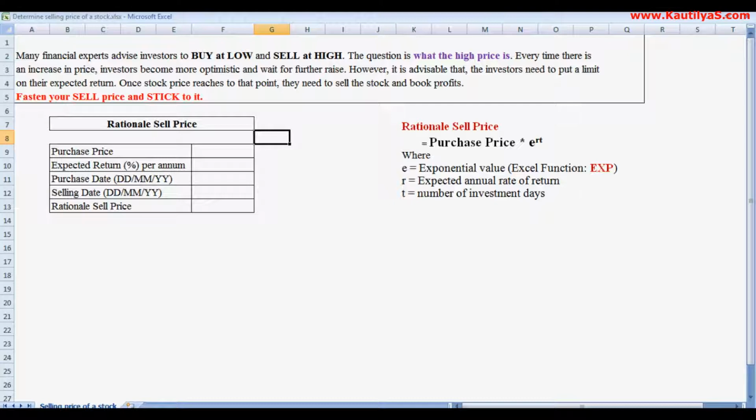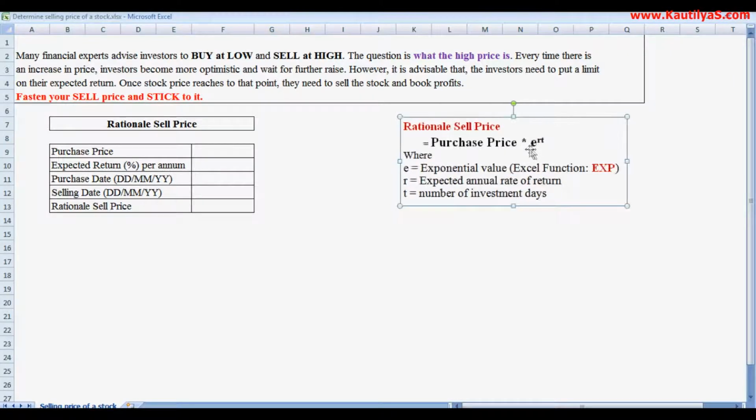For this, we use an equation: purchase price times e to the power of RT, which is the continuous compounding return value. So let us assume that we made a purchase for an amount of 400, and what is your expected return on this stock?